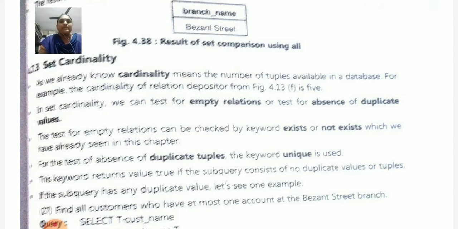Suppose in a student table there are 5 records, for example name and roll number. These are the records of those 5 particular students. Then the cardinality of the student table is 5.